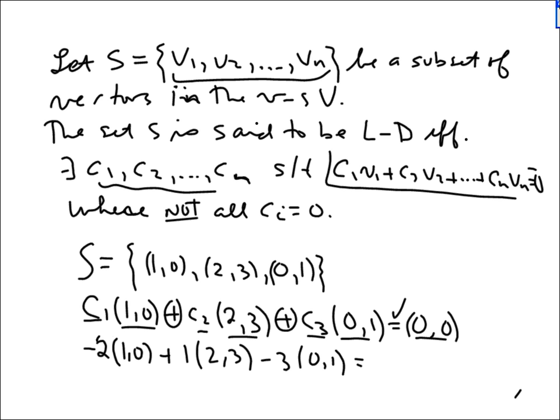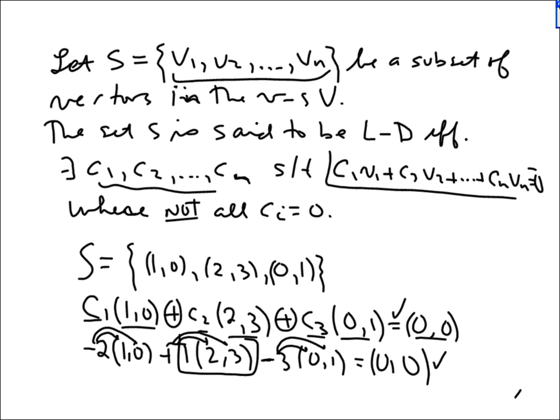For the first position, you have negative 2 plus 2, which is 0, minus 0 is still 0. For the second position, you get 0 plus 3 minus 3. You do get (0, 0). And one vector can be expressed in terms of the others.